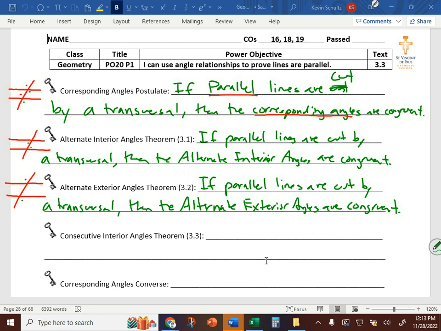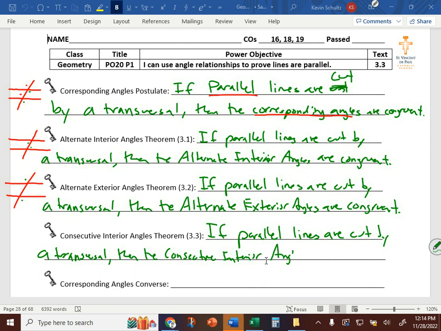Next one. If parallel lines are cut by a transversal, then the consecutive interior angles are supplementary.